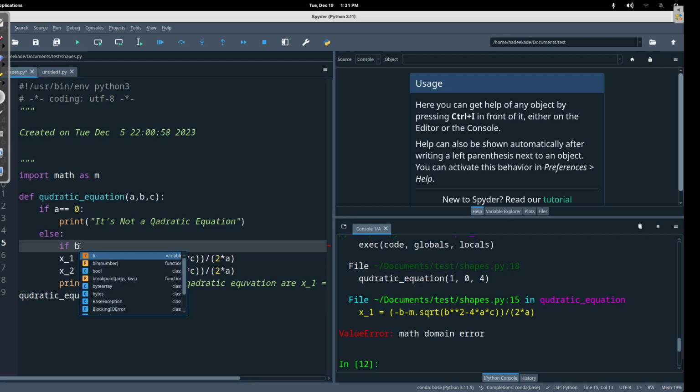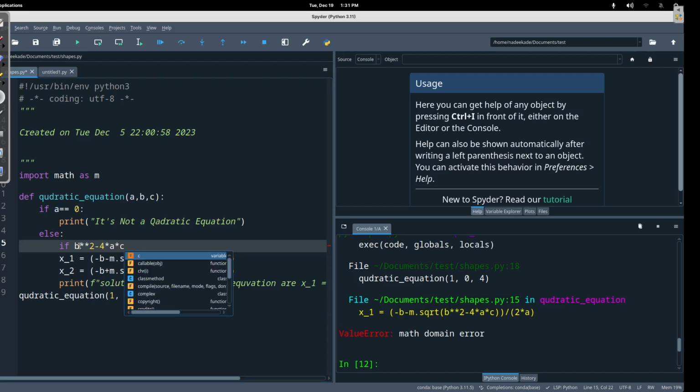If b squared minus 4ac is less than 0, we will have no real solutions, so print no real solutions.